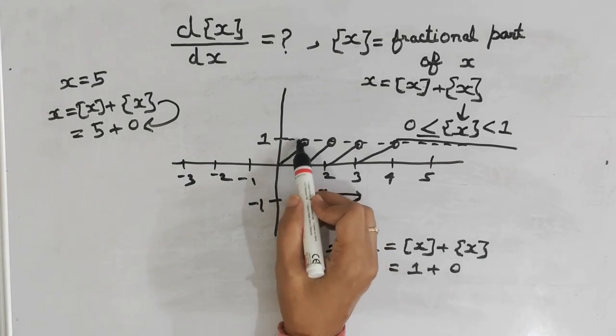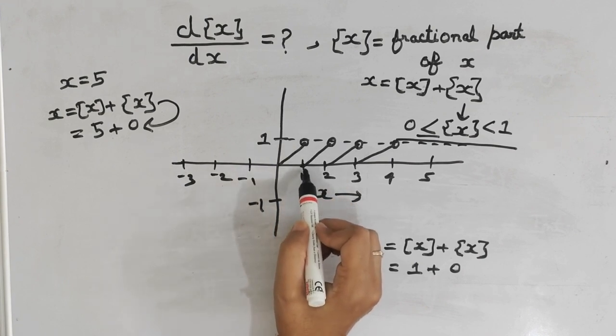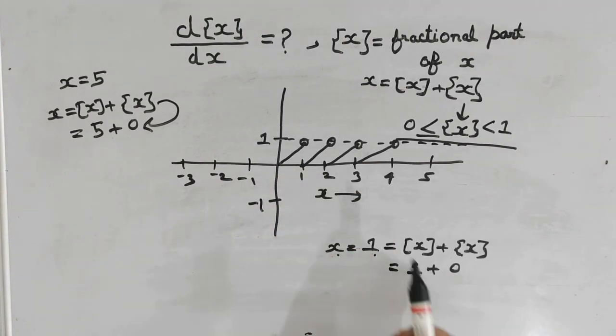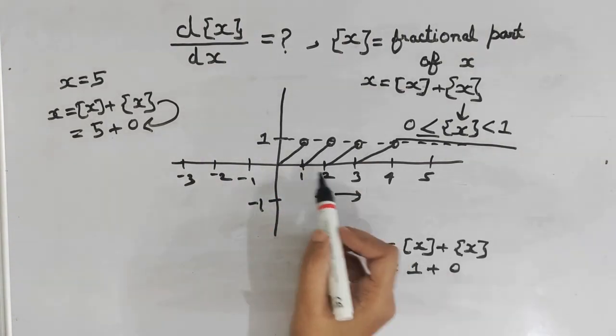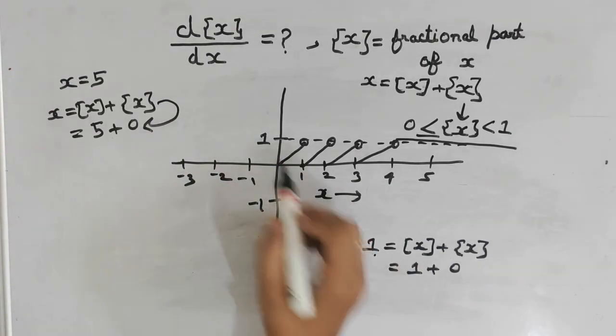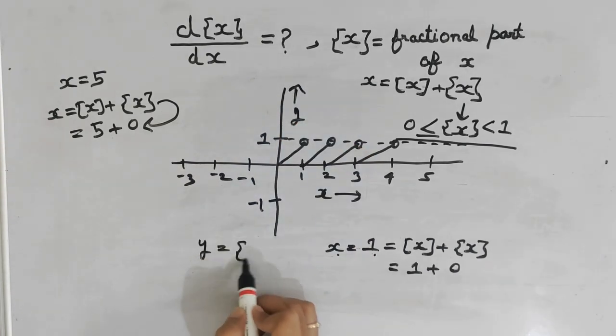That's why I have made this an open dot. The open dot is saying that at x equal to 1, y equal to 0. I hope this is clear. If you see here, this is the x-axis and this is the y-axis, and this is the graph of this.